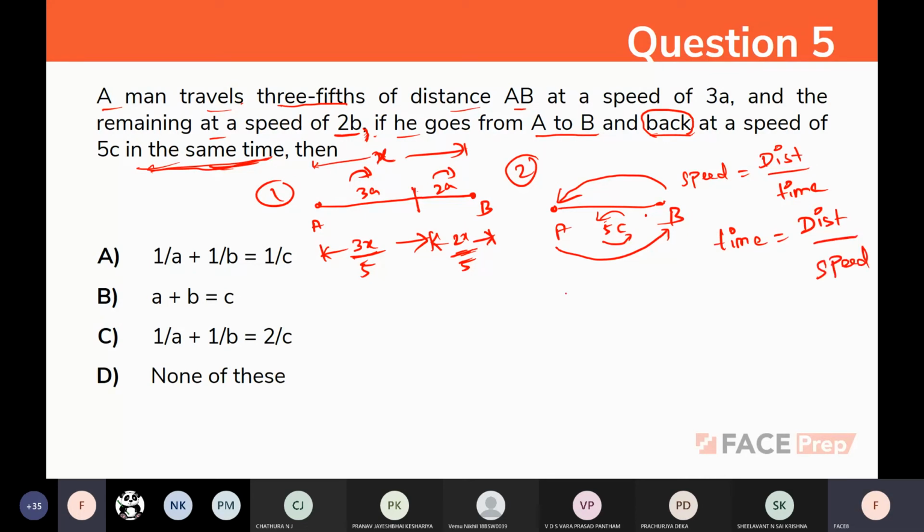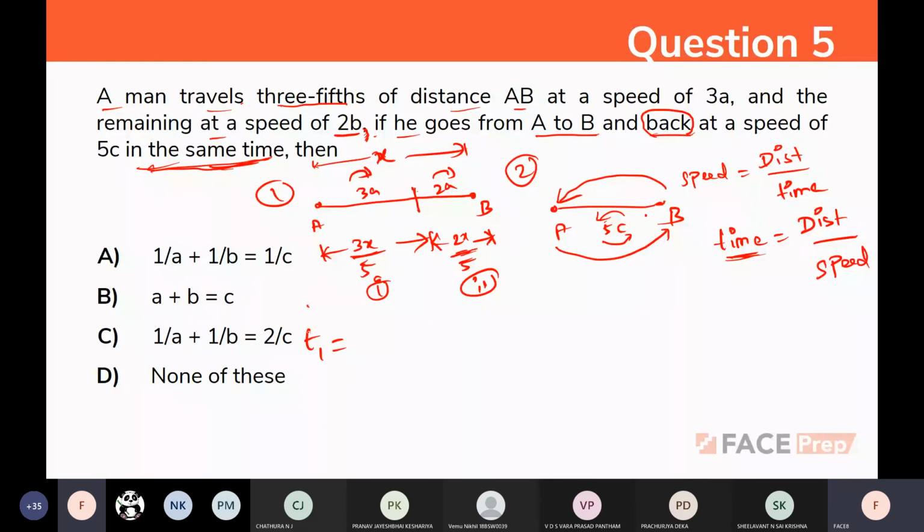Okay, so that we can equate both the equations, both the cases with the time. Nothing, we are going to apply the formula here. We have two parts in the first case, part 1 and part 2. In part 1, let's consider time is t1.